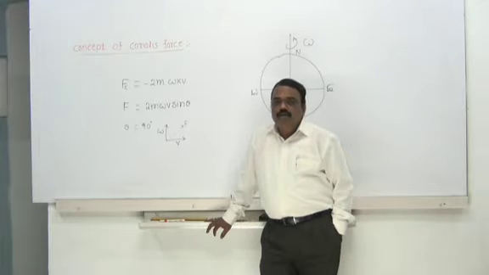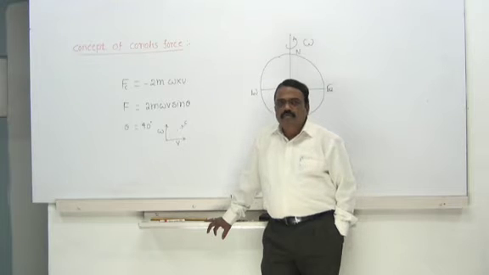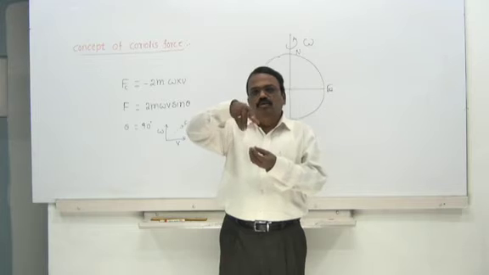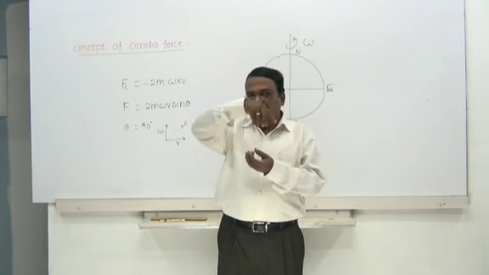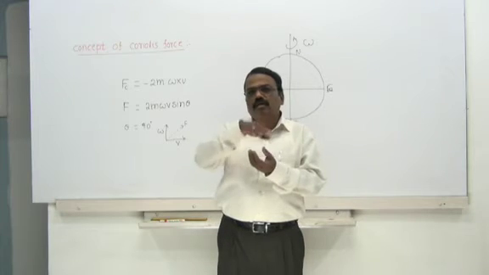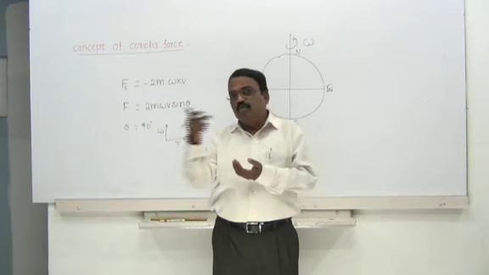The force is perpendicular to the plane containing omega and v, and that direction is opposite to the direction given by the right hand screw rule. Because of this Coriolis force, in the northern hemisphere, when Earth is rotating from west to east, a particle moving in the northern hemisphere deflects towards the right, because force acts towards the right because of the negative sign.